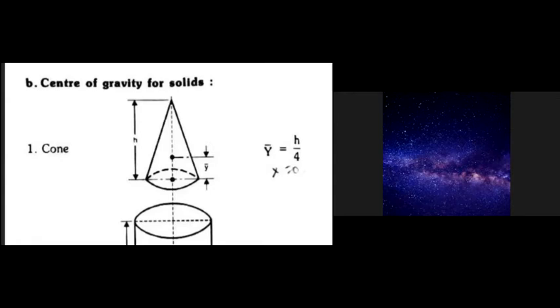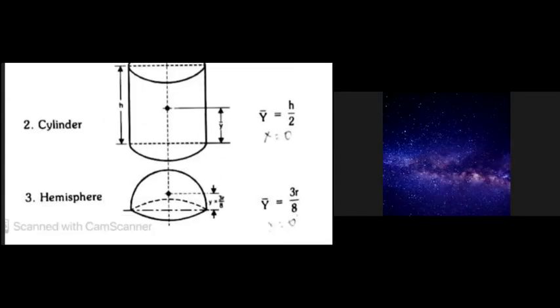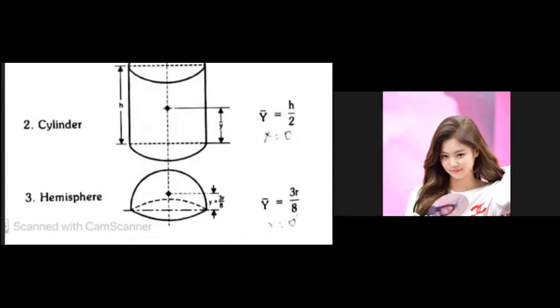For a cone, it is symmetrical about the y axis, so its x component is 0, that is, the centroid lies on its center axis itself, and its y bar is equal to 1/4 of the height. For a cylinder, y bar is equal to h by 2, and for a hemisphere, y bar is equal to 3r by 8. All these are standard formulas you have to remember.